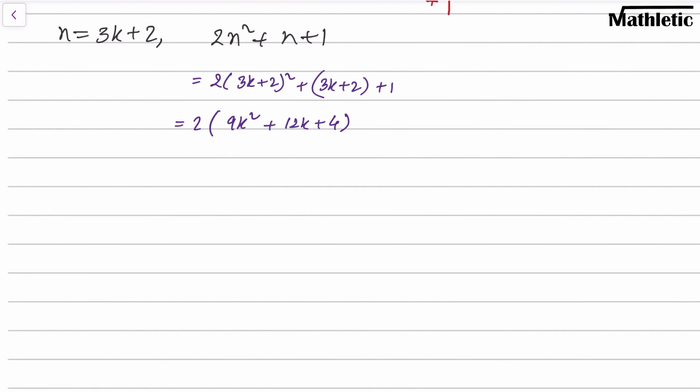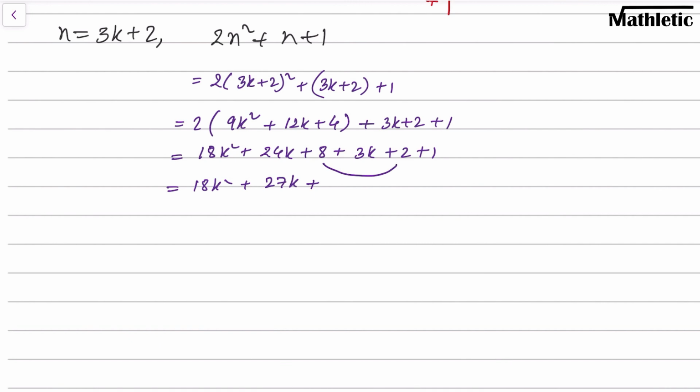Then b² is 2², which is 4. So 2 into 9, 2 into 12, 4 2s are 8. So you get 18k², then 27k + 8 + 2 + 1, 11.